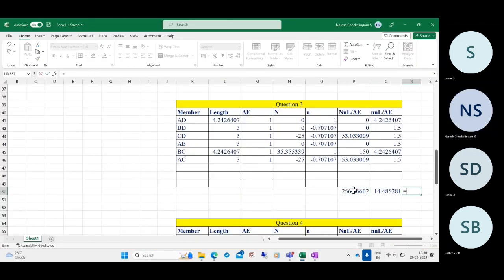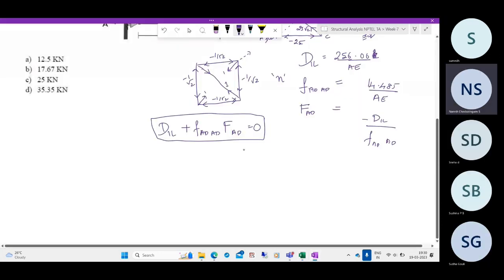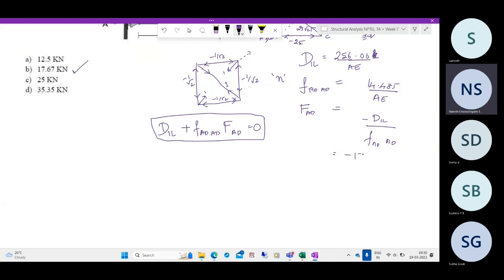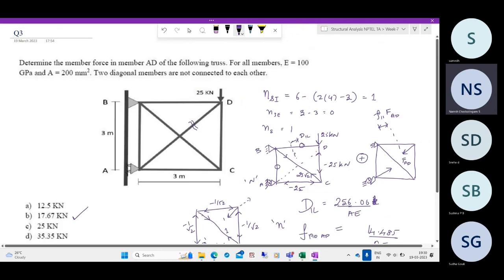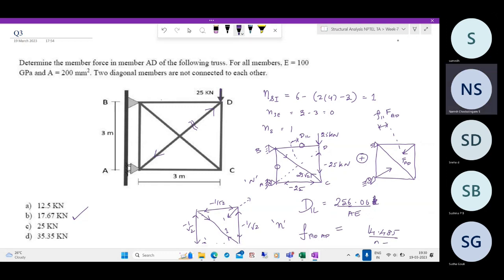Equal to this divided by this, 17.68. So the answer is B. This is equal to minus 17.68 kilonewtons. Note that it is compressive, and that is what we expect. Since there is a vertical force coming at this point, this will be under compression and this will be under tension. So those are fine.